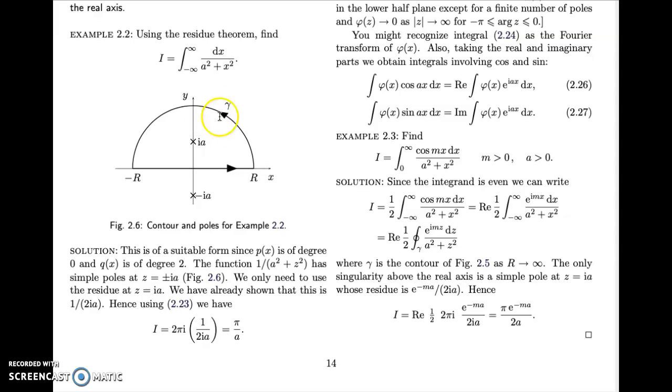What are we evaluating? Well, the contour integral we're evaluating effectively is dz over a squared plus z squared. We replace the x by z, and we evaluate it around this closed loop here, which we label as gamma. So gamma refers to the whole thing, not just this semicircle. It refers to the whole closed loop or contour.